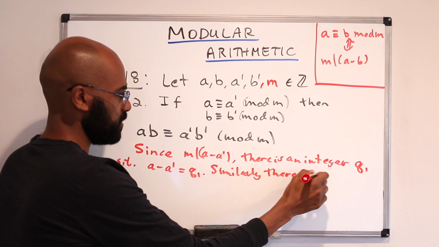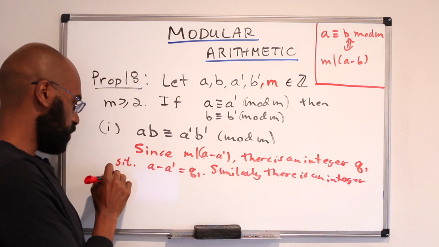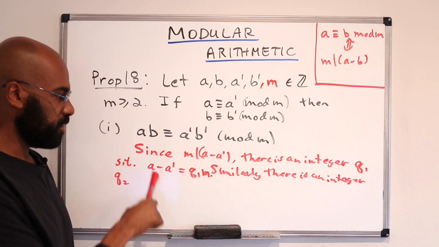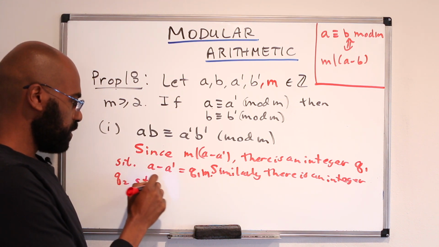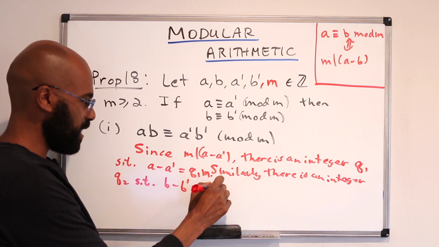There is an integer Q2 such that B minus B prime is Q2 times M, because their difference is a multiple of M.